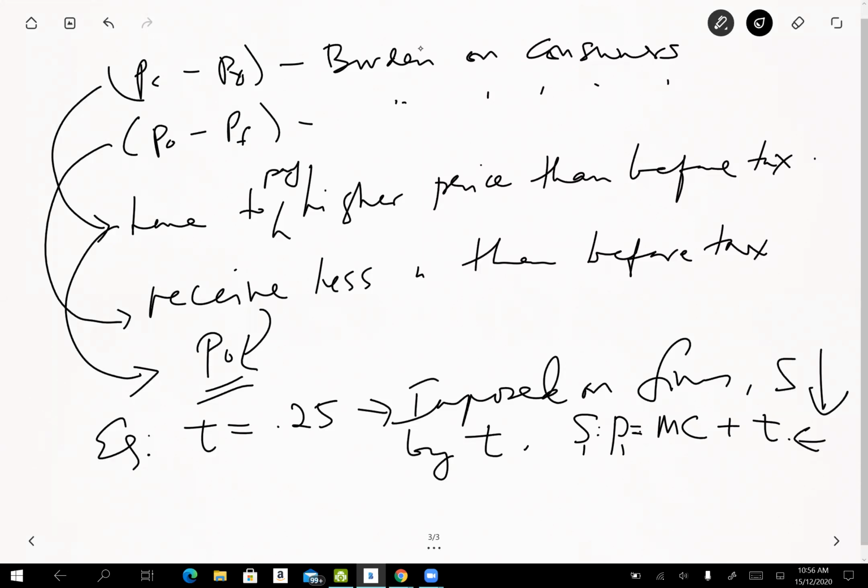As a result of that, the price increases from P0, which is $1, and the new equilibrium price, or the new price consumers will pay, is 1.15. If you look at the diagram, PC is equal to 1.15 and PF is equal to 0.9.